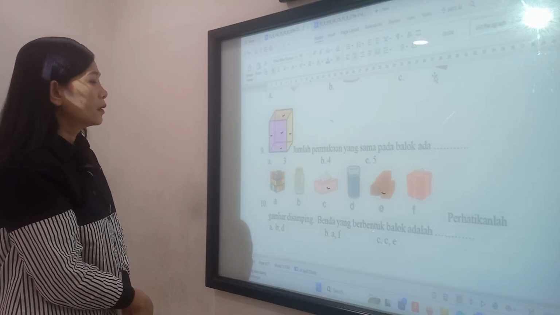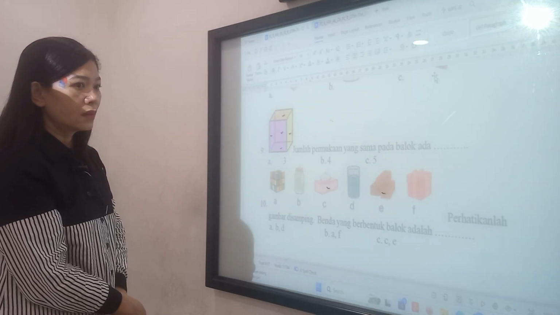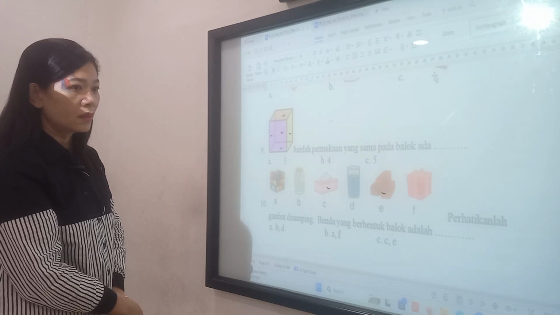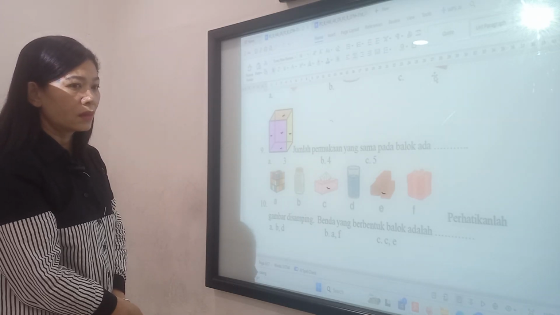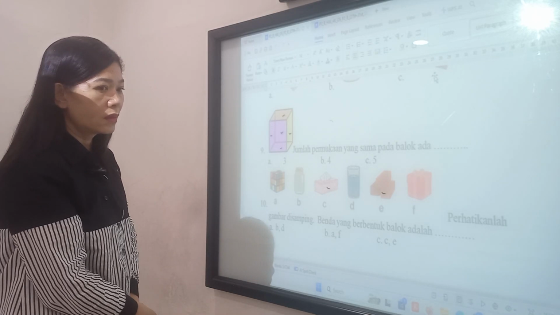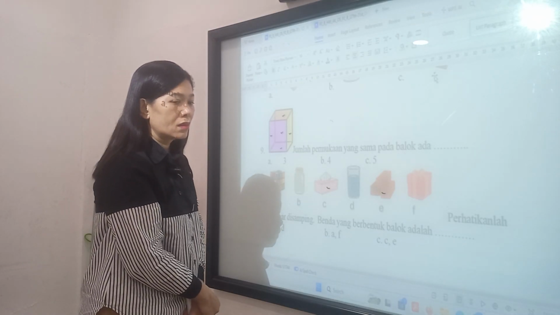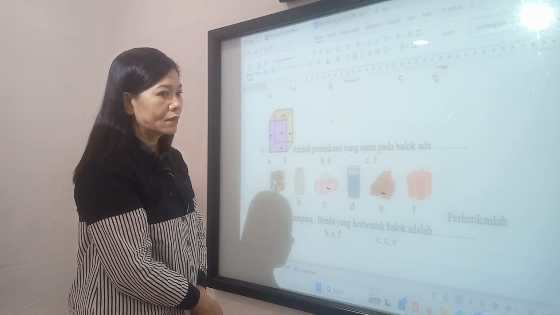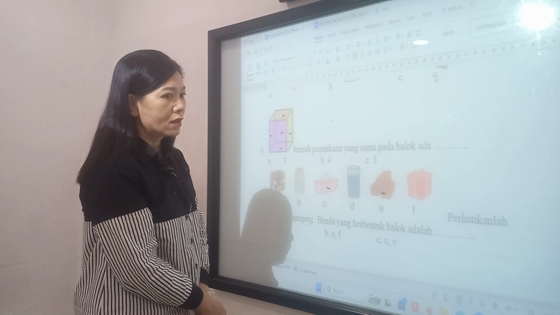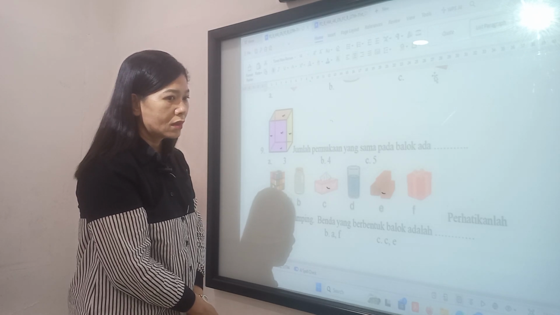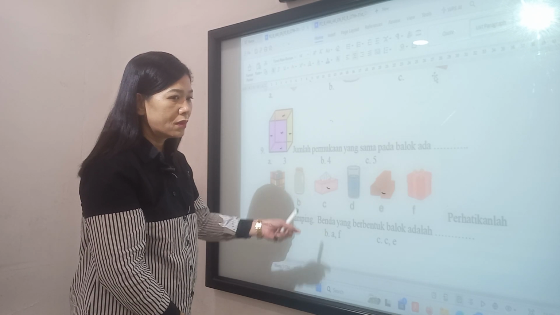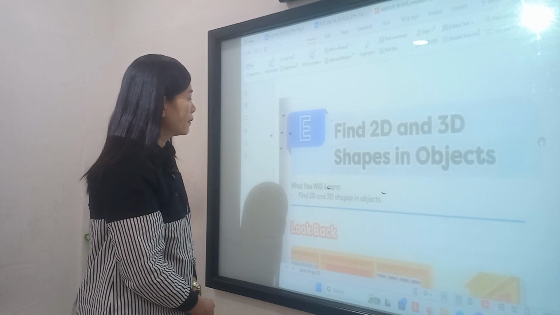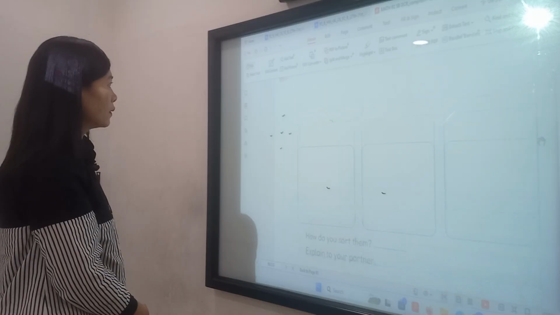For this math, it will be taken from page 93 until 97. So what page are we on? 70. Okay, here, 93 until 97. Find 2D and 3D shapes in objects.